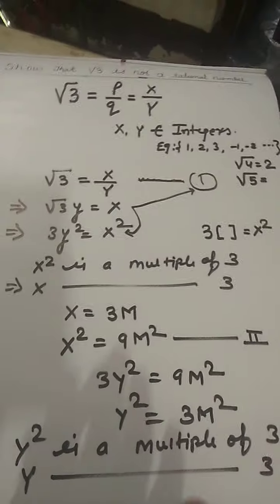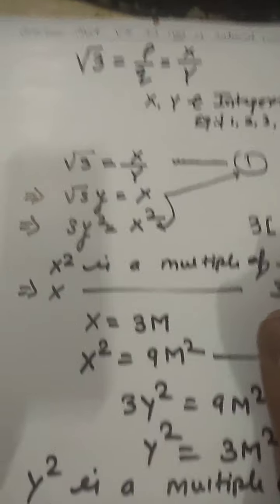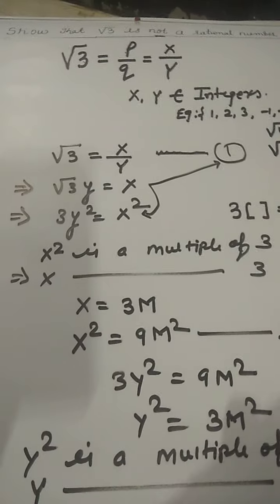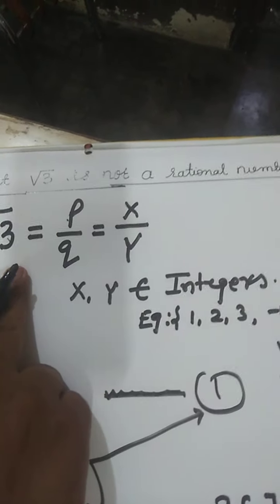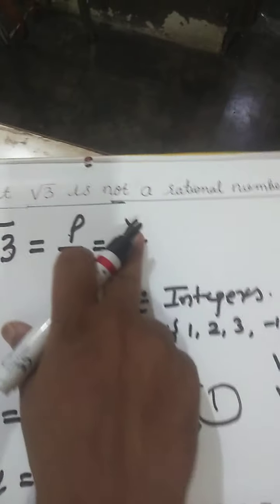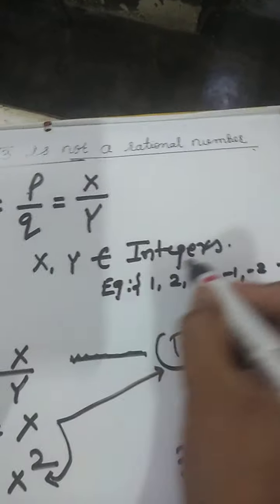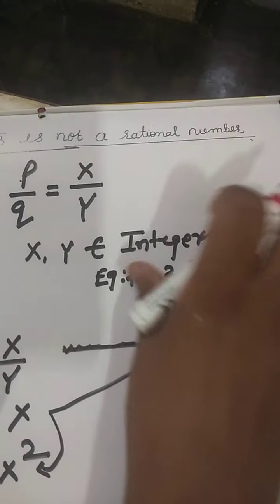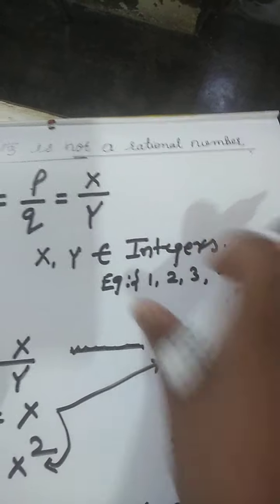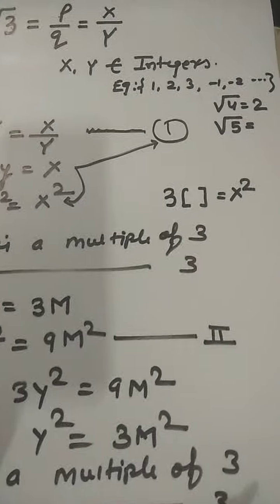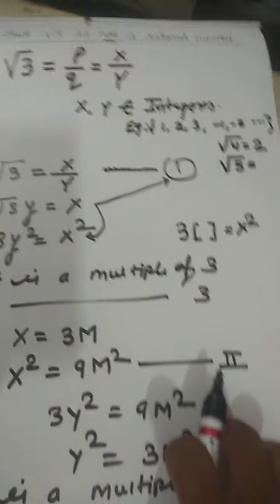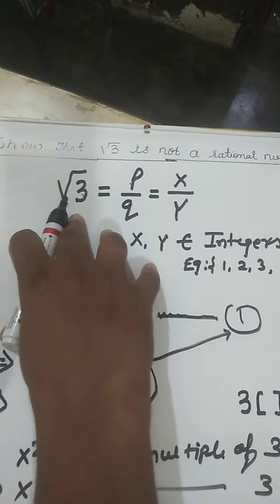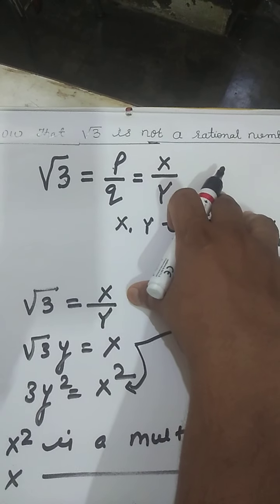Now you see X and Y both have the same common factor, that is a contradiction. Contradiction means that it is against our assumption: root 3 is equal to X by Y, and X and Y are integers which don't have a common factor. So here Y is a multiple of 3 and X is a multiple of 3, and these two logical things give a contradiction about our assumption.